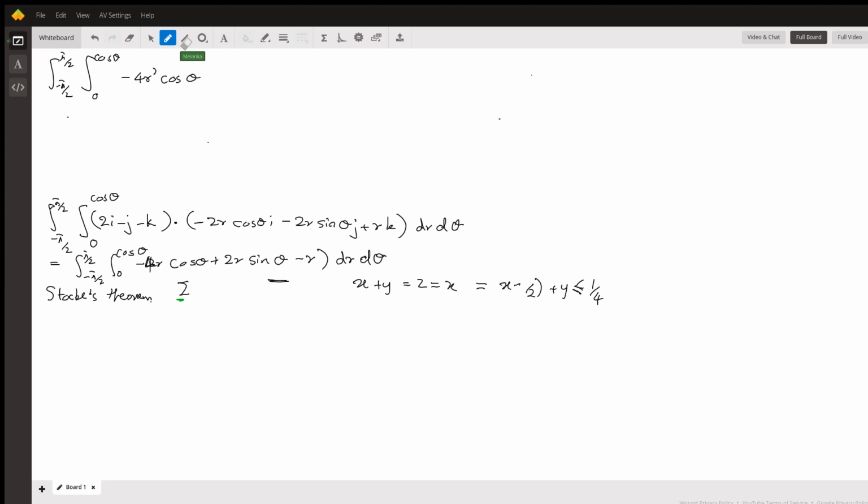It's not supposed to be there. I think it was just written wrong here. So we have negative cosine theta here, plus 2r sine theta minus r dr d theta. Okay, I'll just erase the rest below.